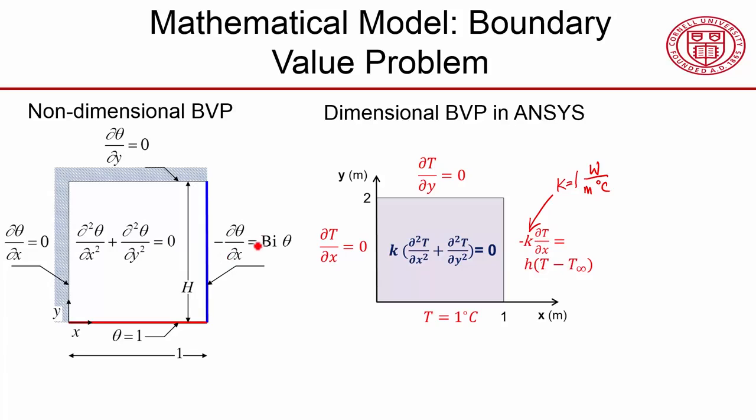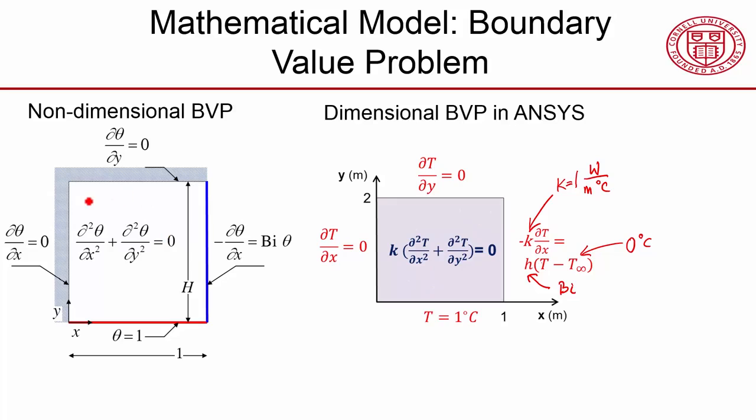And the right-hand side I will set h equal to the Biot number that I'm given, and I'll set the temperature of the fluid to be 0 degrees Celsius.